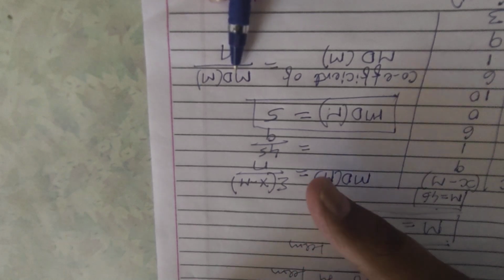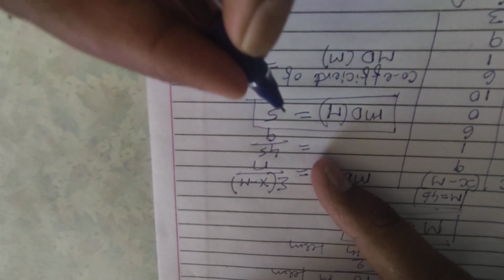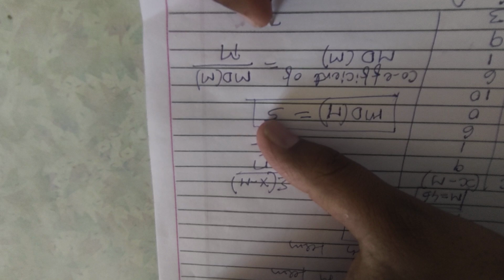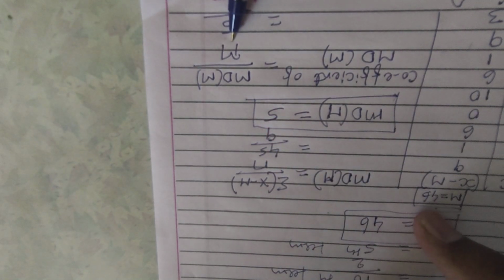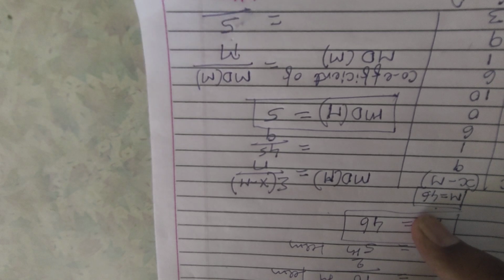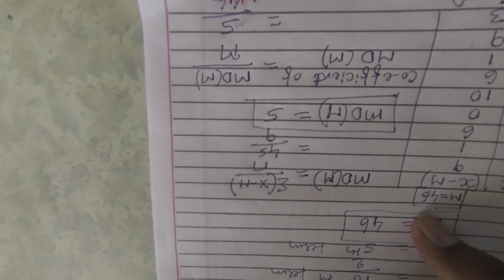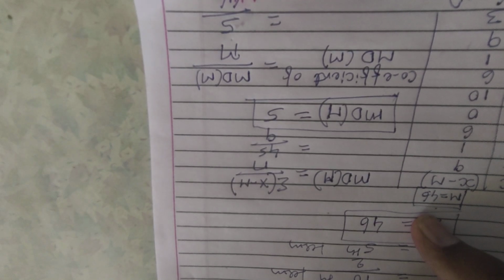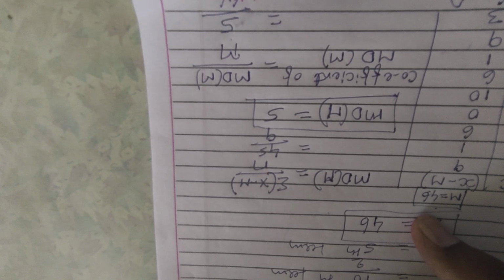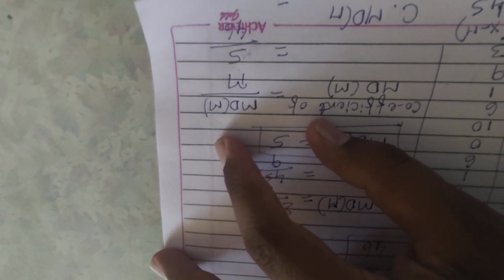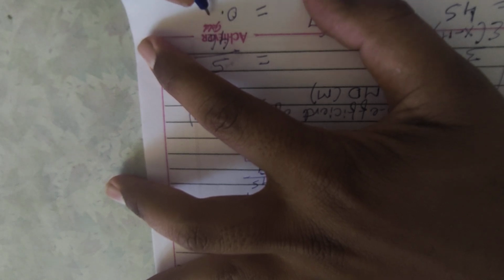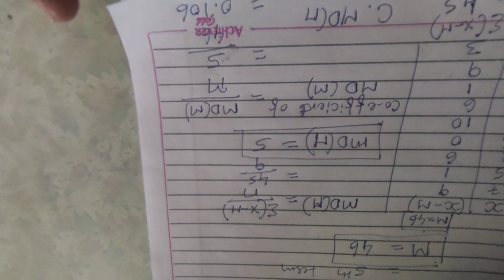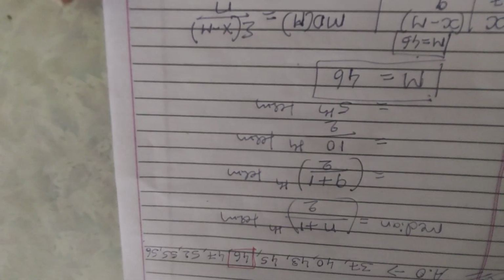We already found the mean deviation from median, which is 5. The median value is 46. So the coefficient of mean deviation is 5 divided by 46, which gives 0.106.